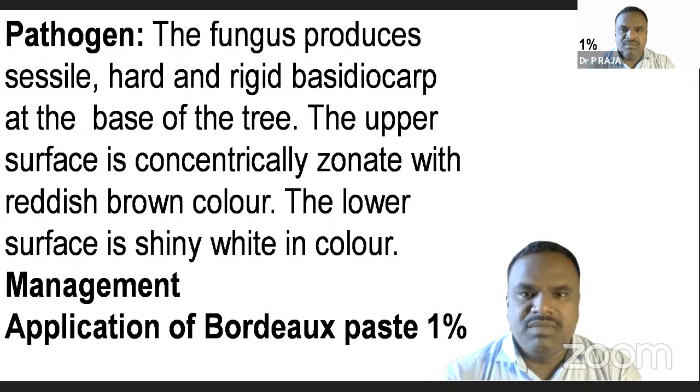Dig the soil 30 centimeter depth in a semicircle fashion around the tree, and apply the Bordeaux mixture. And then after 6 months, you have to apply the Bordeaux mixture again in a semicircle fashion. In this way, if you do it regularly, we can manage this disease.